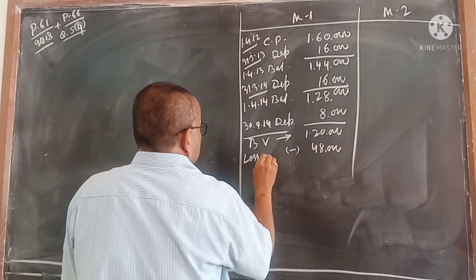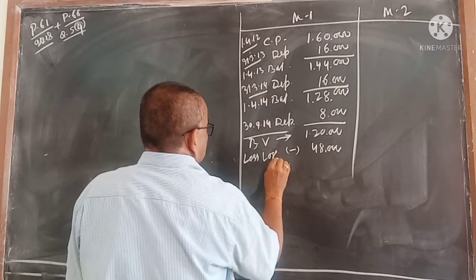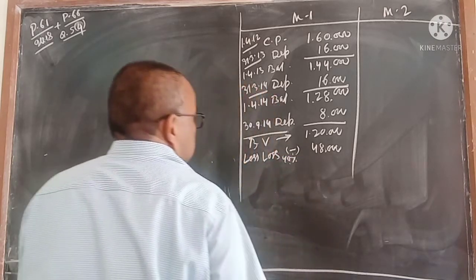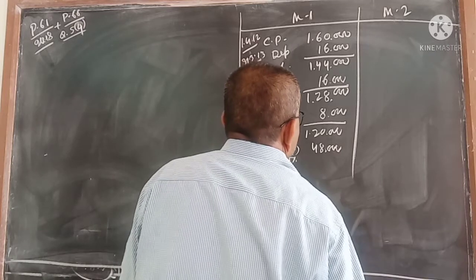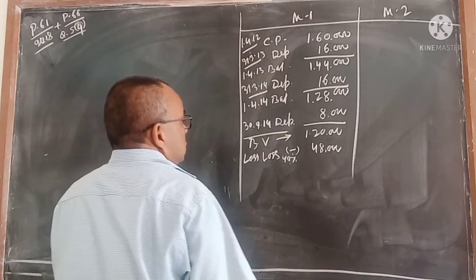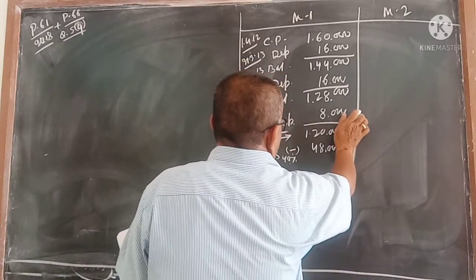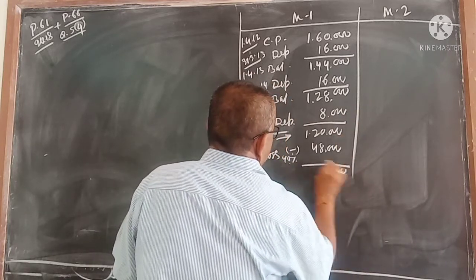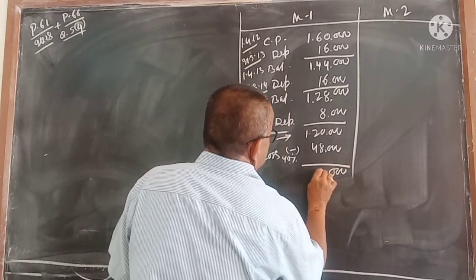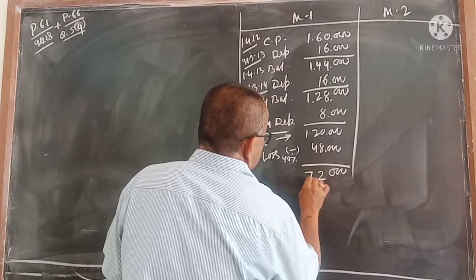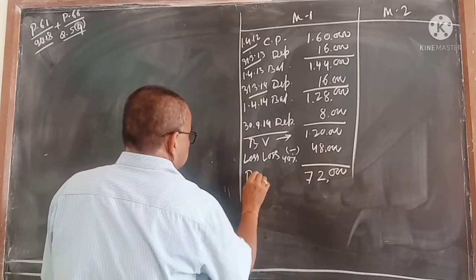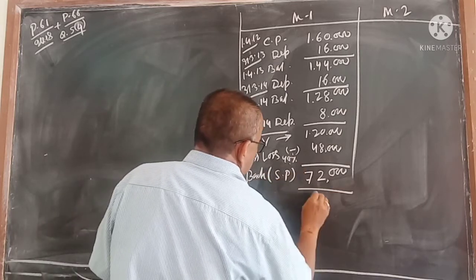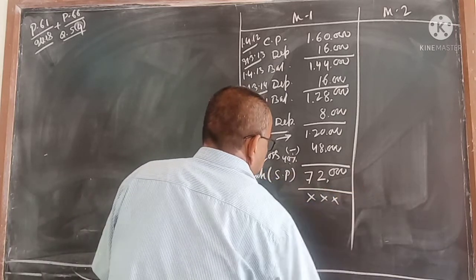Less loss 48,000, and the remaining amount is the bank, the selling price, and the machine is closed.